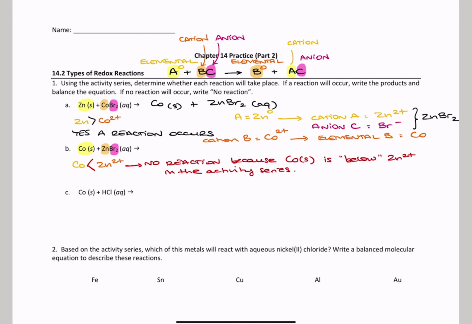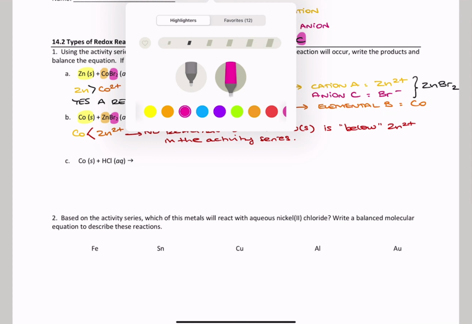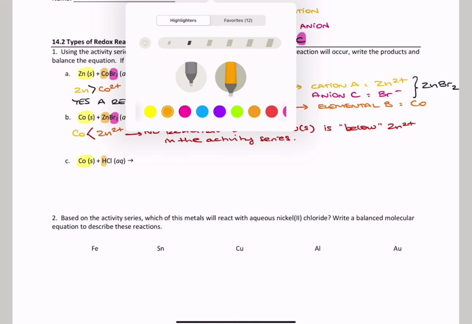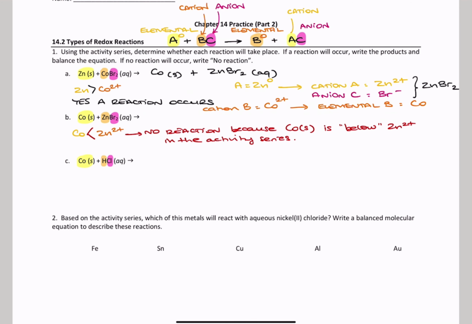Cobalt solid plus hydrochloric acid. The scheme is that the cobalt is the elemental one. We are in the case of an acid here, which starts with H. Remember that an acid is a special case of covalent compound.